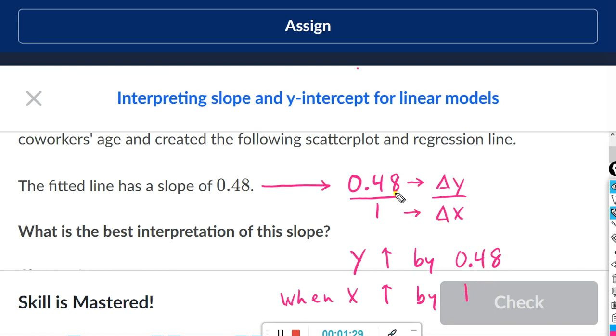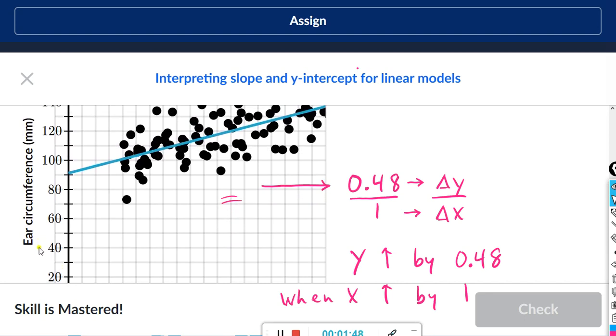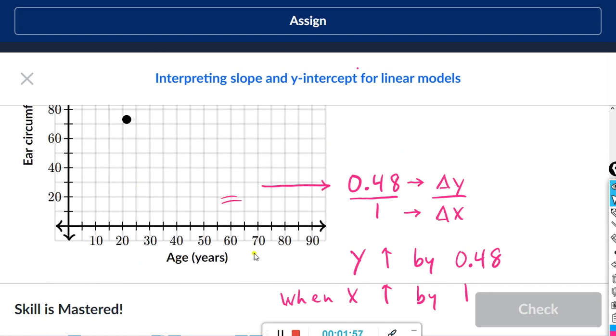When the slope is positive, that means both the x and the y increase or decrease together. So let's look at the labels for the axes on the graph and see what the x and y represent. The y-axis, the vertical axis, represents ear circumference, and the x-axis represents age.